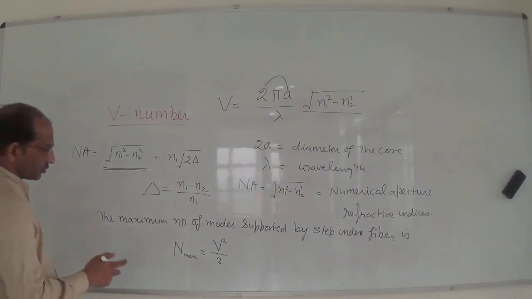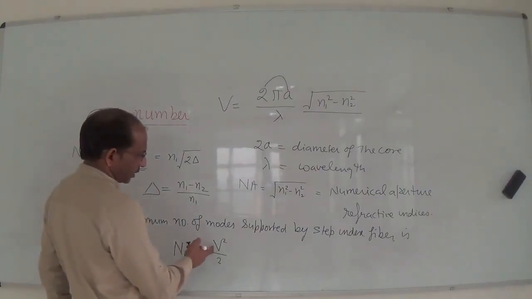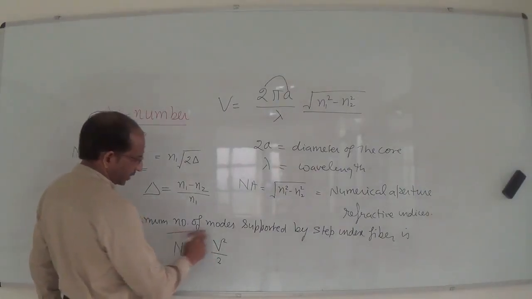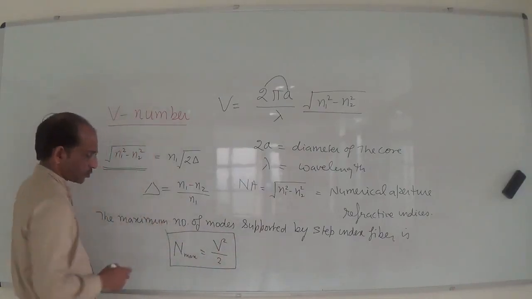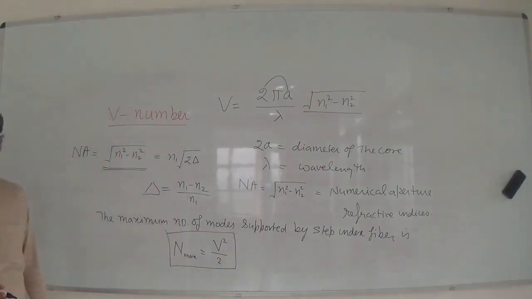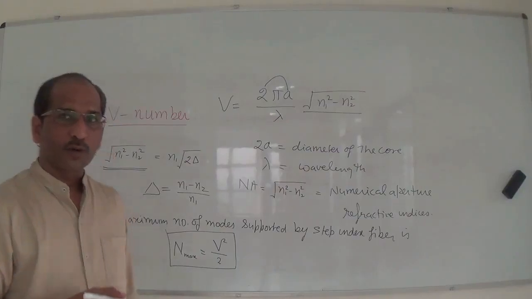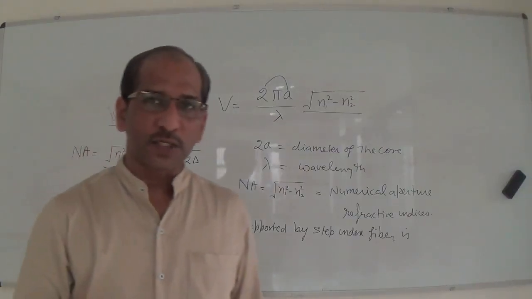So if we know the V number, one can calculate the possible number of modes in that particular optical fiber.